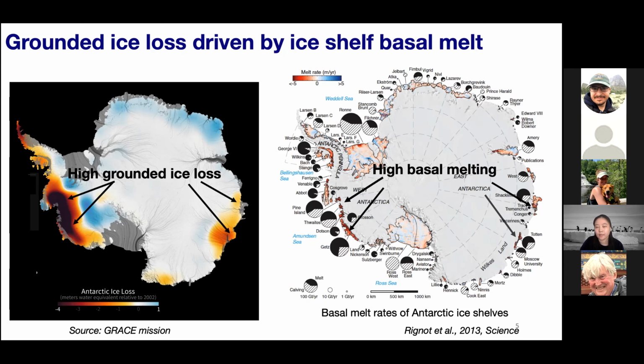The areas that the black arrows indicate on both figures show strong correlation between where the grounded ice is decreasing and where the ice shelf is losing mass by high basal melting. Such high basal melt rates are believed to be driven by warm ocean water incursion into the ice shelf cavities.